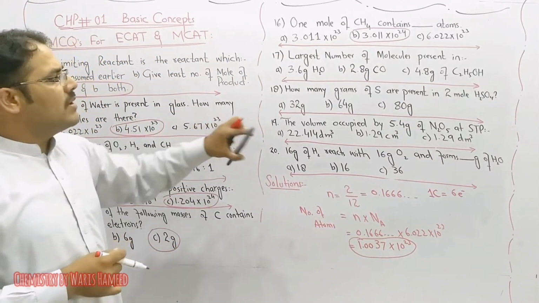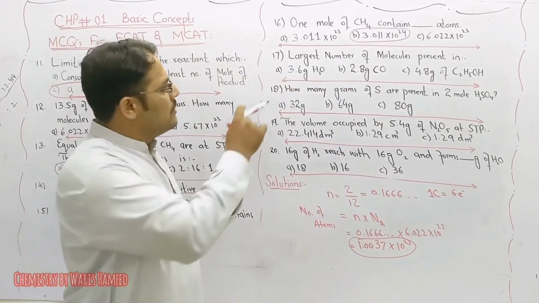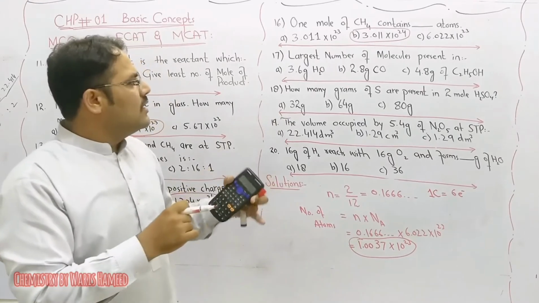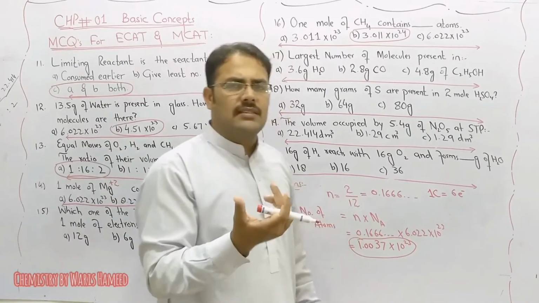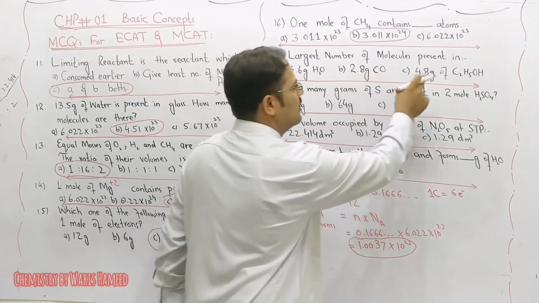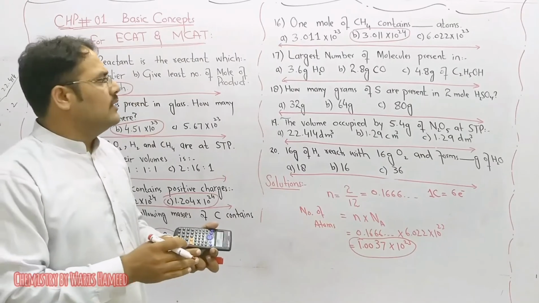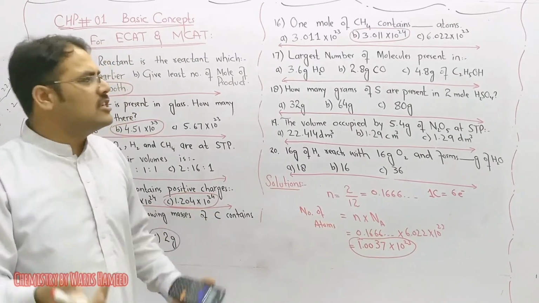Next, largest number of molecules present in. In this case you can use your common sense: the compound among these having lesser molar mass will have the largest number of molecules.